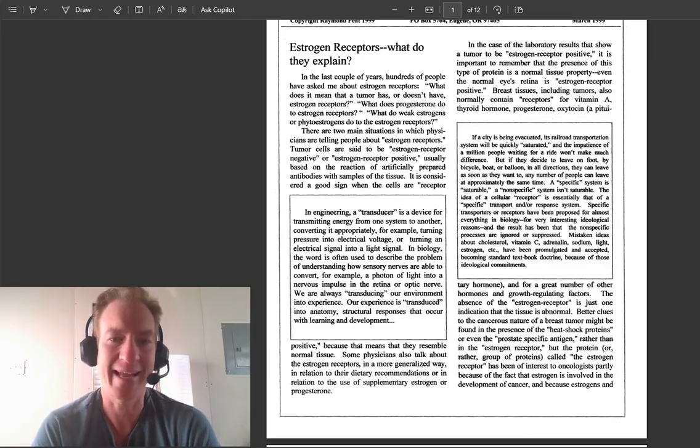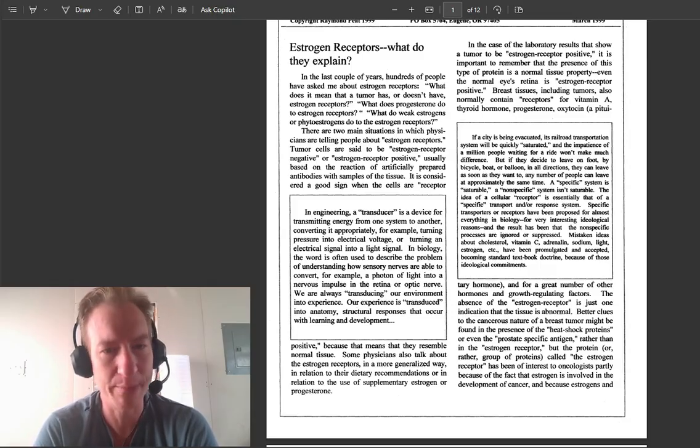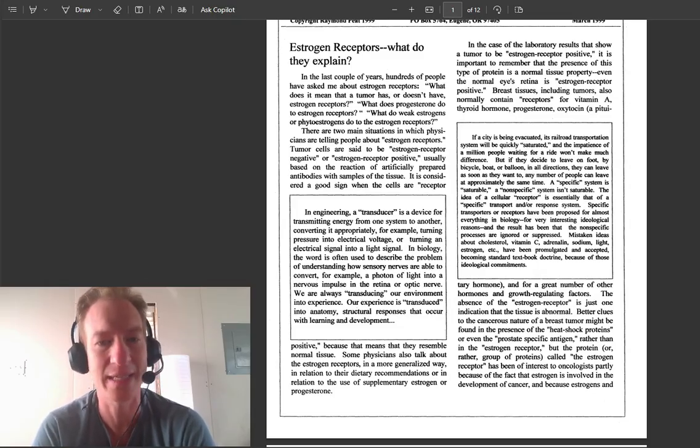In engineering, a quote-unquote transducer is a device for transmitting energy from one system to another, converting it appropriately, for example, turning pressure into electrical voltage, or turning an electrical signal into a light signal.